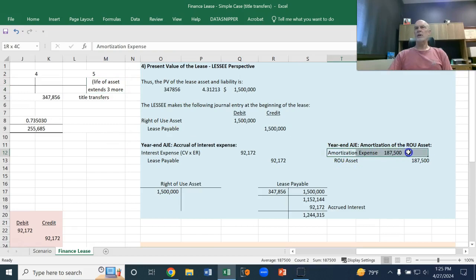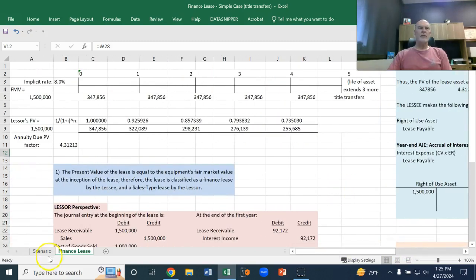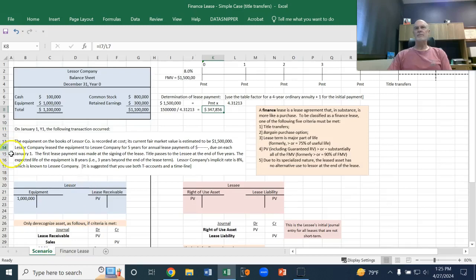And so we would debit amortization expense and credit the right of use asset for that $1.5 million divided by 8, which is $187,500.